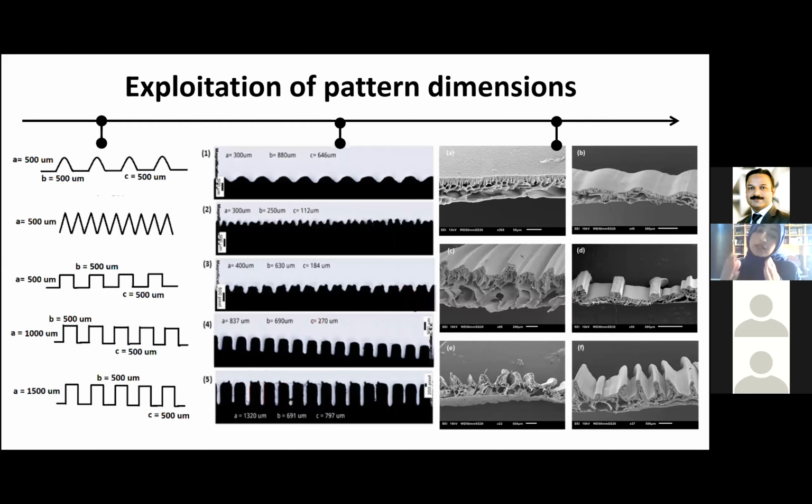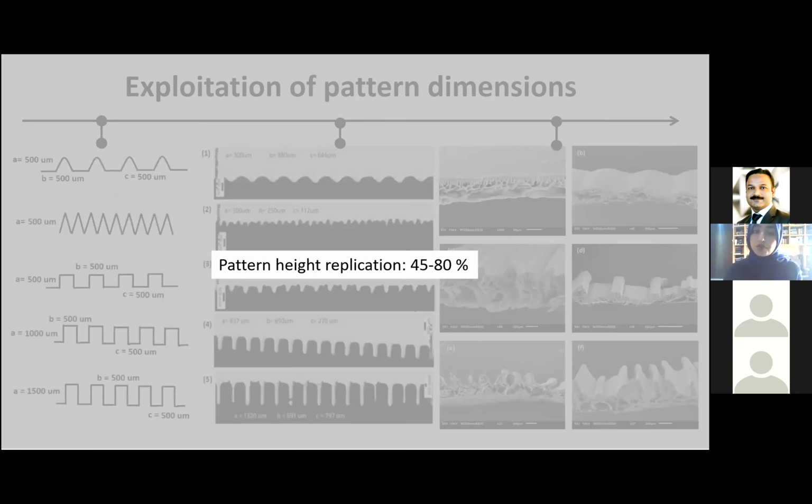Then, in terms of transferring the features that we design onto the membranes, of course the intrinsic solidification always results in polymer shrinkage. Because of that, we definitely do not achieve 100%, but what we got in this case was about 45 to 80% of the pattern height replicated on the final membranes as compared to what was on the pattern knife.